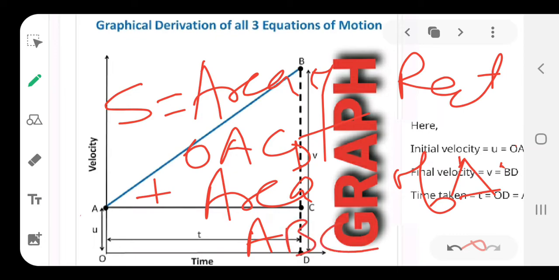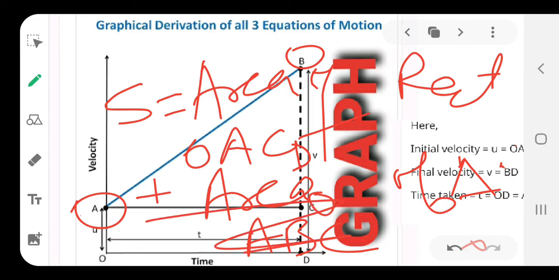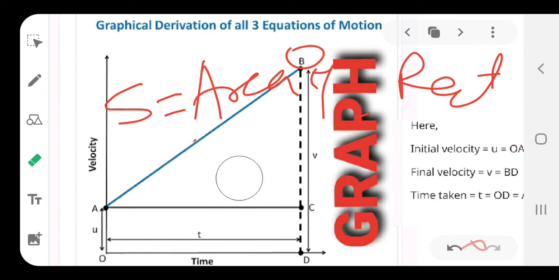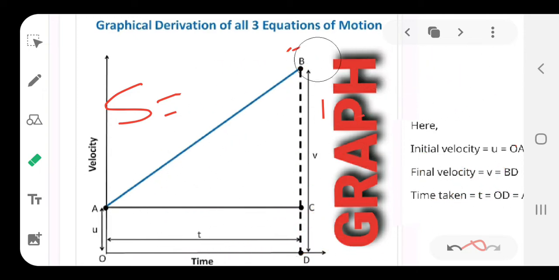You can see it from the diagram, A, B and C. These are the two figures we are looking for in order to solve the equation.